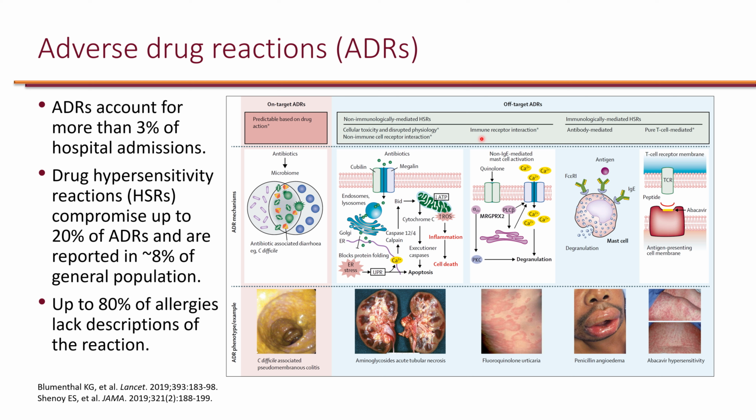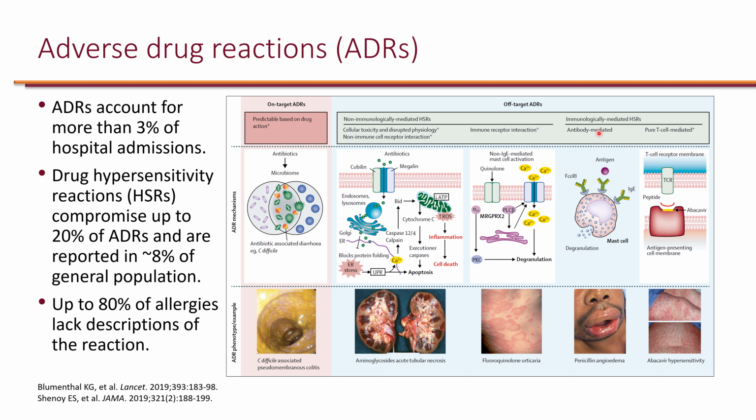An example is when fluoroquinolones interact with the cell receptors on the mast cells, resulting in urticaria. And this is not activating the immune system, but the end result is the mast cells causing urticaria. And that's something that we can see in fluoroquinolones. A non-immune cell receptor mediated example would be aminoglycosides causing nephrotoxicity, in particular acute tubular necrosis.